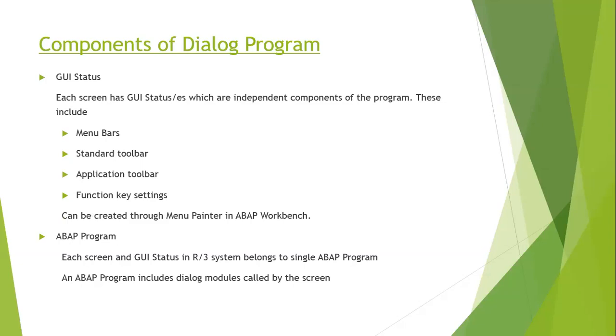All this will be part of the custom transaction code. Then the next one is the ABAP program. This is essential to manipulate those components. If you create a GUI status, and you want some data to be saved in the backend once you click on a save button, then that code has to be written behind that save button. Only then can you save the data. Got it?